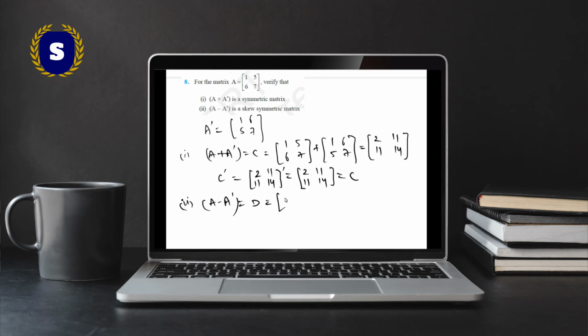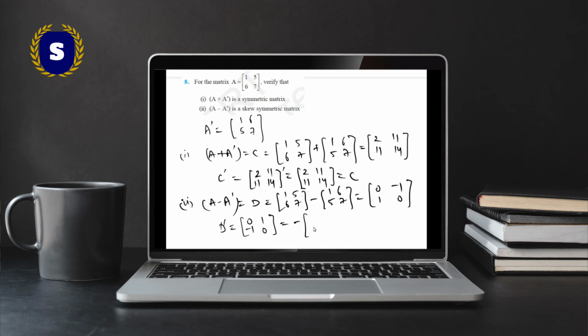This comes out to be 1, 6, 5, 7 minus 1, 5, 6, 7, which is 0, minus 1, 1, 0. Calculating the transpose of this matrix D, it is 0, 1, minus 1, 0.